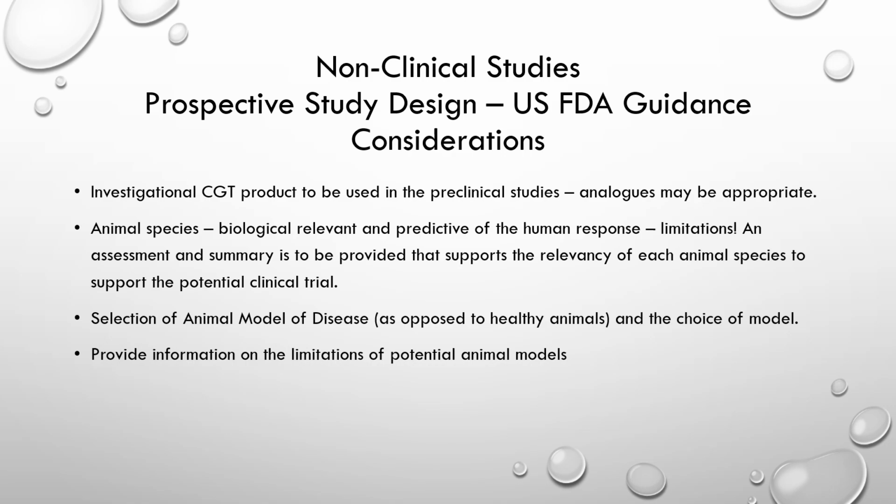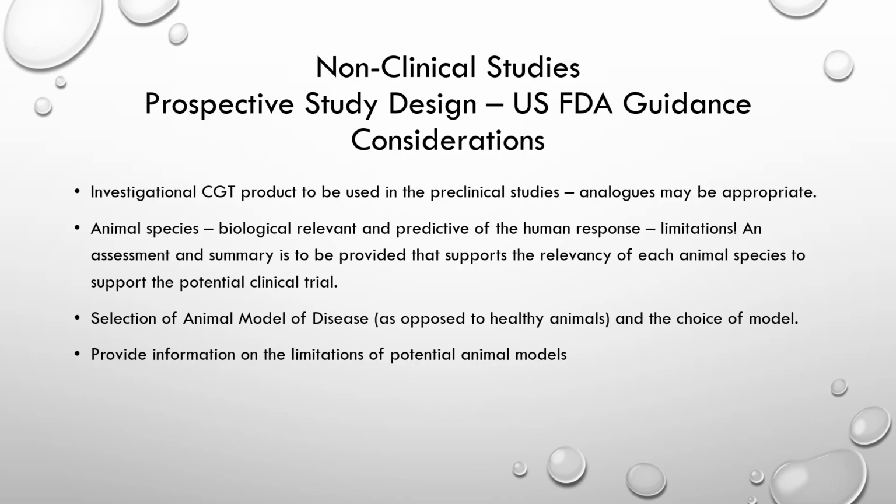And animal models of diseases help us to understand the risk-benefit ratio as well. So if you're using healthy animals, you can't really see what the benefit is compared to the risks associated to it. But if you're using diseased animals or animal disease models, you can understand the risks and the benefits of the investigational cell and gene therapy product.